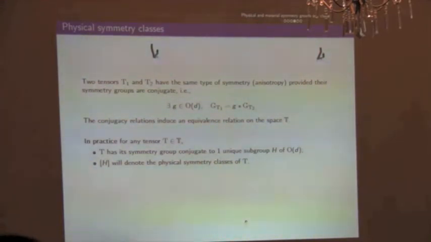I think it's not true that any tensor has a symmetry group in the strict sense. It may only be a half group. You can construct tensors where we have non-invertible matrices which we apply to the tensor and still get the same tensor. You can make some G which is not invertible? Yeah.